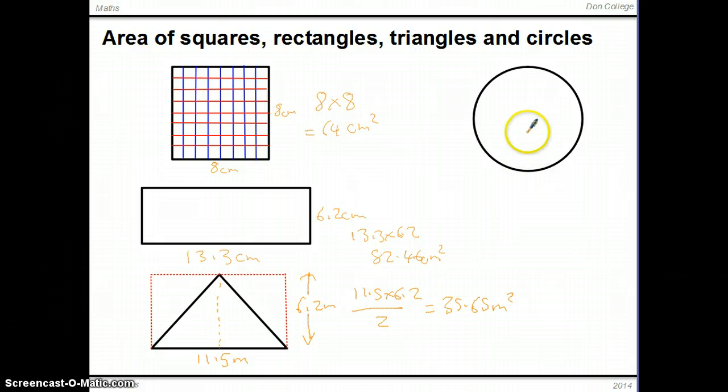Okay, now area of a circle. It's a bit too complicated for us to go into now as to why this is what it is, but the area is given by pi r squared, where r is the radius of the circle. That's the distance from the centre to the outside. So if the radius was, say, 11.1 kilometers, let's say it's a very big circle, then the area would be pi times 11.1 times 11.1.